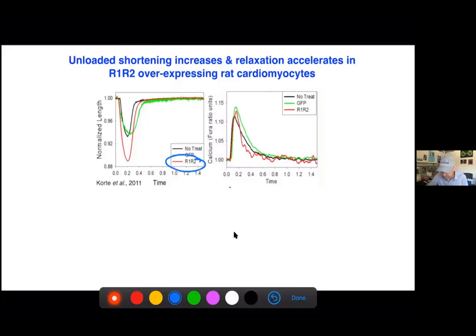And what it shows is that, this is actually showing the shortening of the muscle during a twitch, that upregulating ribonucleotide reductase in muscle cells causes an increase in the magnitude of shortening without significantly changing the amplitude of the calcium transient that's driving it. So it's a process that's autonomous to the cross-bridge apparatus, not the degree of activation.